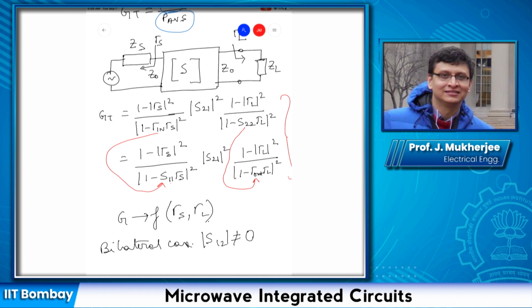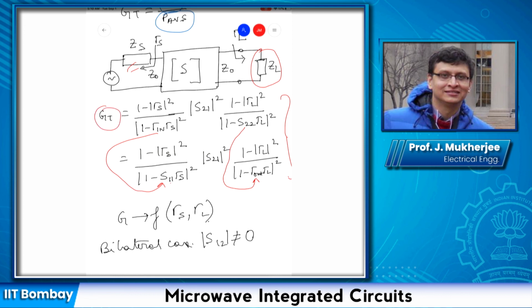So then the problem that happens is, how do you design the gamma S and gamma L? See, if you want a particular value of GT, you can keep the value of gamma L constant, that is ZL constant. I adjust the value of ZS till I get a certain value of GT.